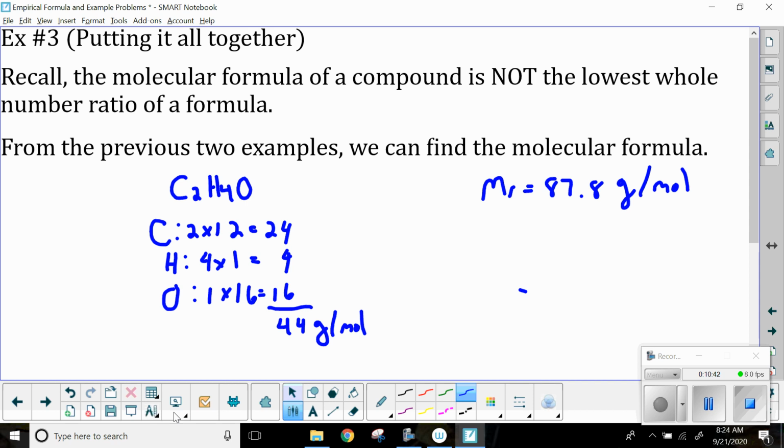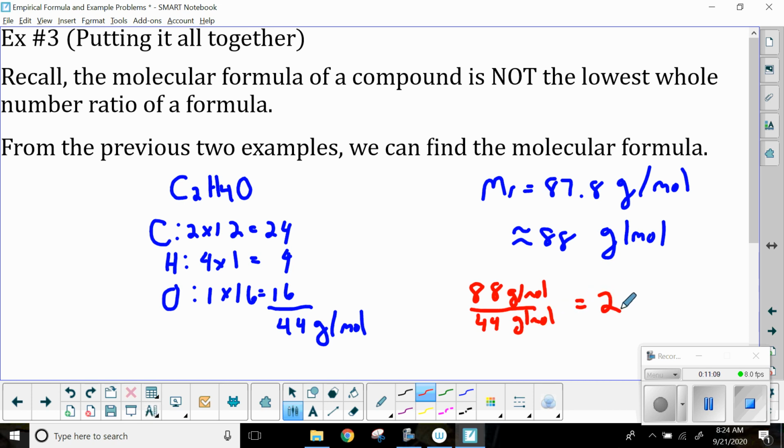Rounding is such a nice thing with these problems because they're mostly all lit values. If you notice here, that is really doggone close to 88 grams per mole. So I'll notice here that 88 grams per mole divided by 44 grams gives me a ratio of 2.